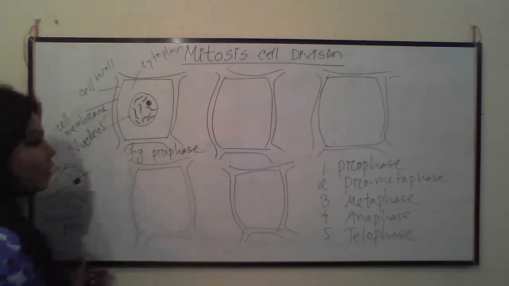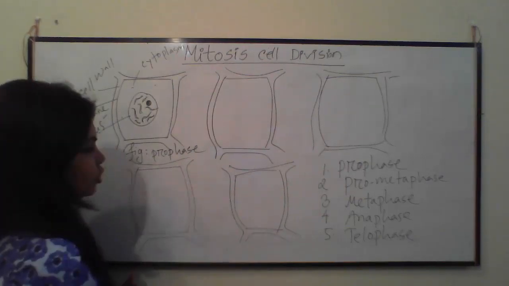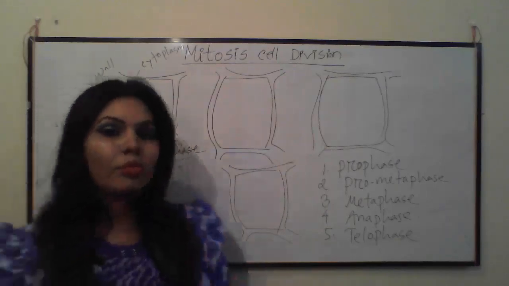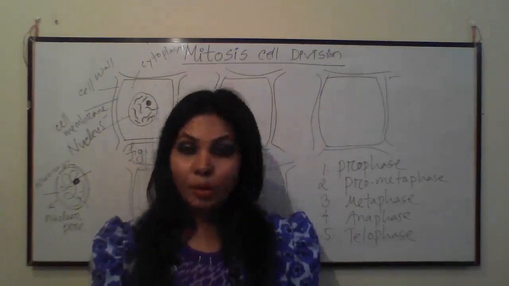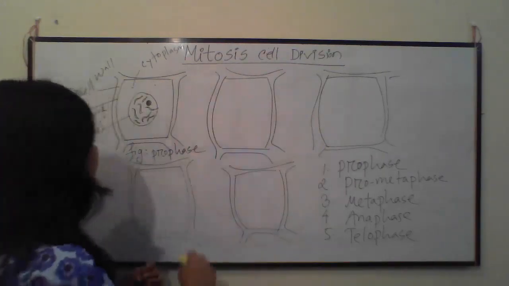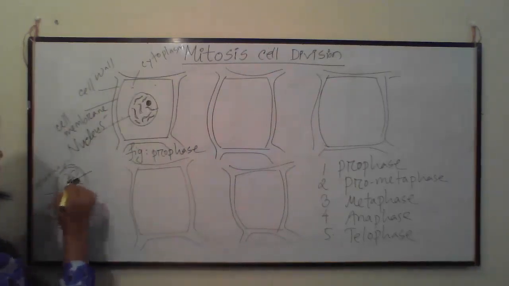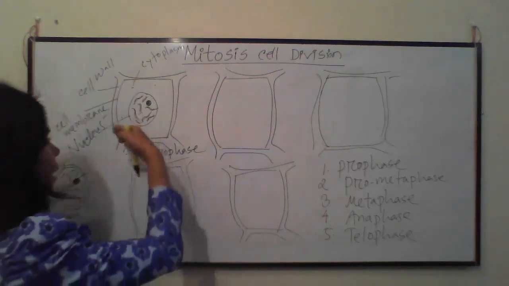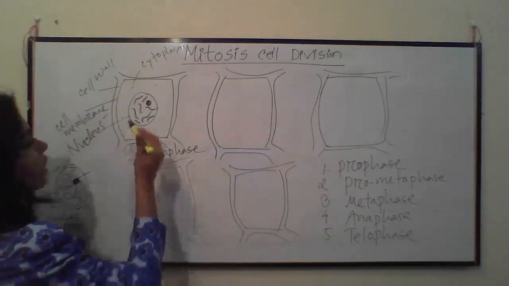One thing I can't help but tell: you have to remember, though I'm going to show here the five stages, that's why I did not draw it here. In prophase, there are early prophase and late prophase. In early prophase, due to continuous dehydration, the chromatin fiber becomes visible.